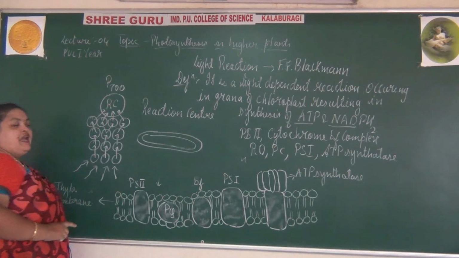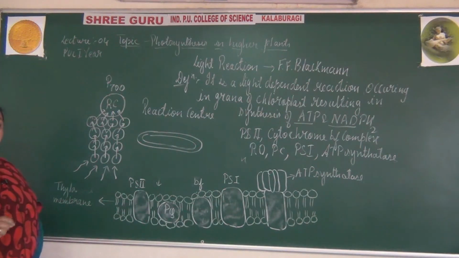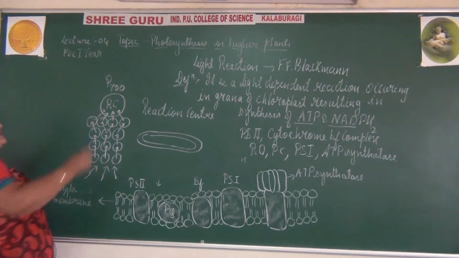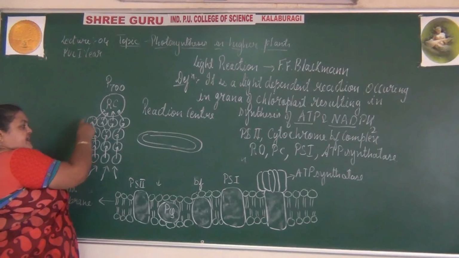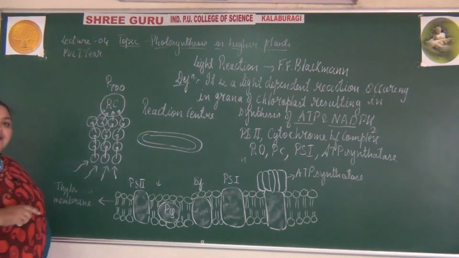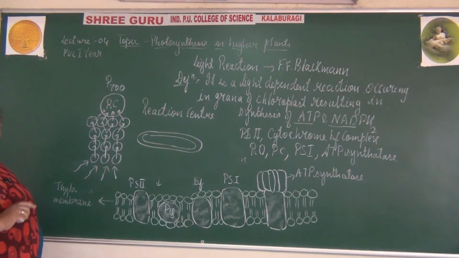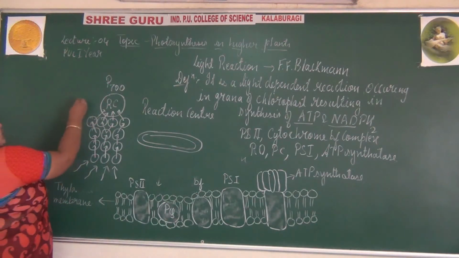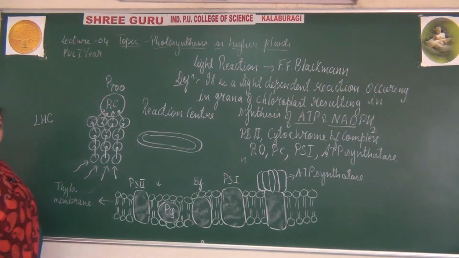So what actually happens is, when the light falls on the photosynthetic pigments, the main one being chlorophyll A, it is associated with the other accessory pigments chlorophyll B, xanthophylls and carotenoids, and these together form the light harvesting complex.